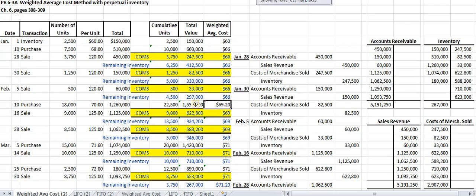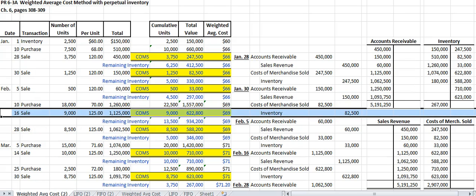So you're seeing the numbers rounded here, but I obviously want you to use the cents as well. Let me just leave it like that because I started off like that. So now this is the new weighted average for your inventory. So now that's what you're going to use going forward until you purchase some more.